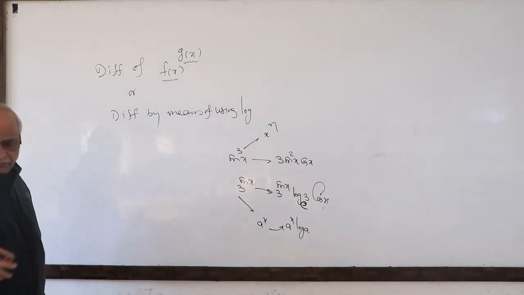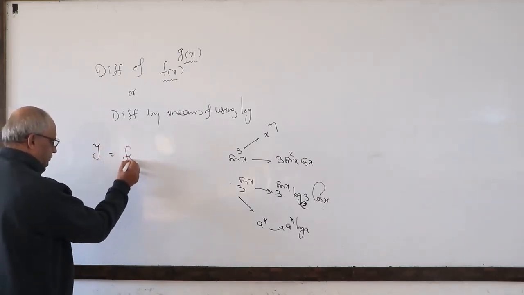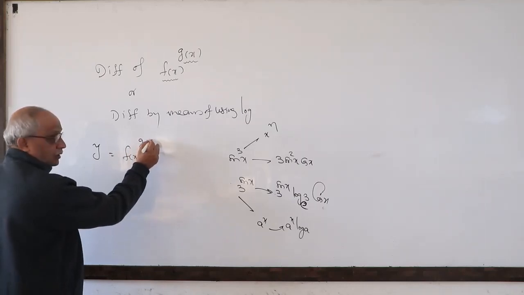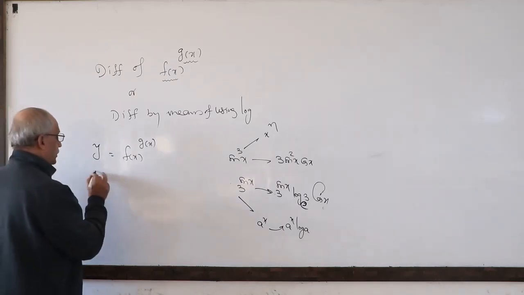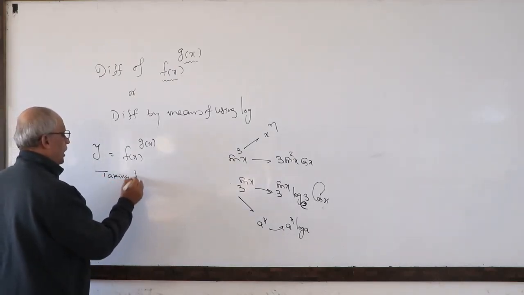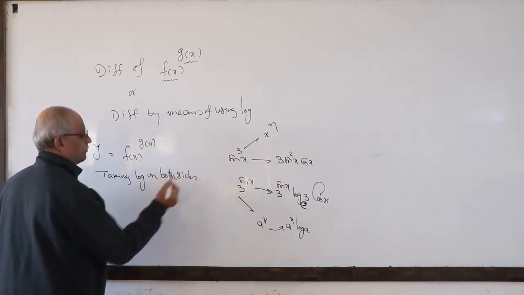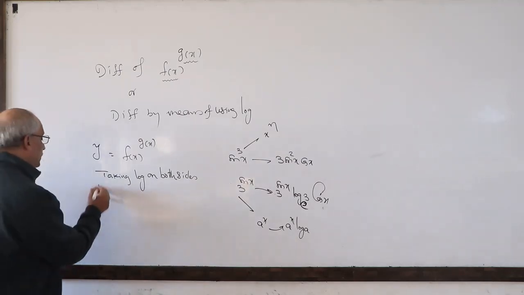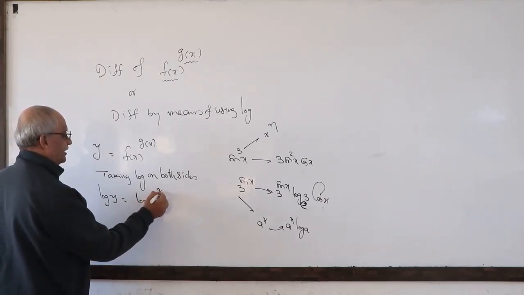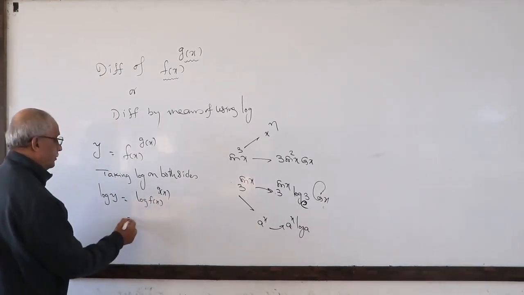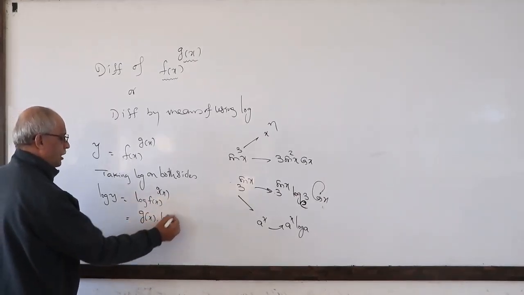That rule I am writing first, the general rule. That is for your revision even for PUC. f of x power g of x. First step, taking log on both sides. Apply log on both sides. Log of y, log of f x power g x, by the power rule in logarithm will come to the product g of x into log of f of x.